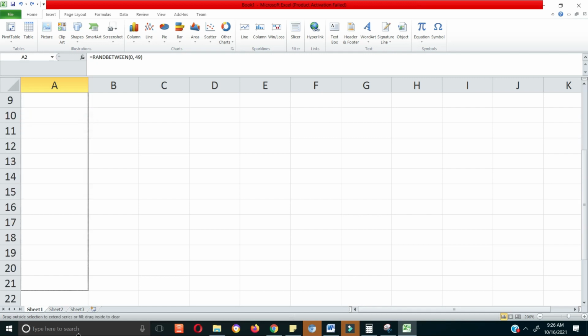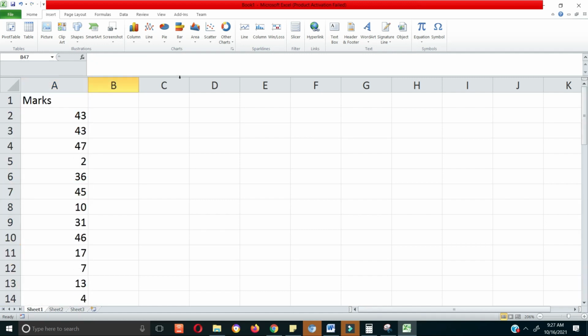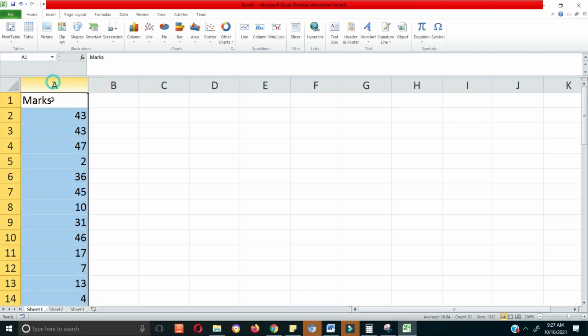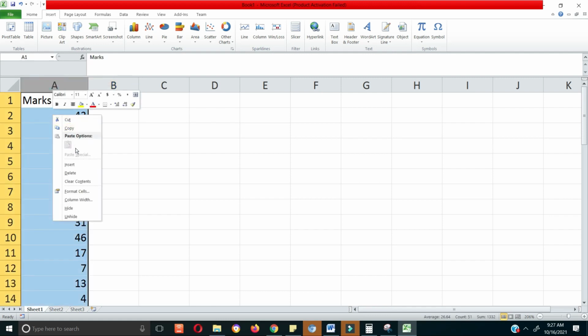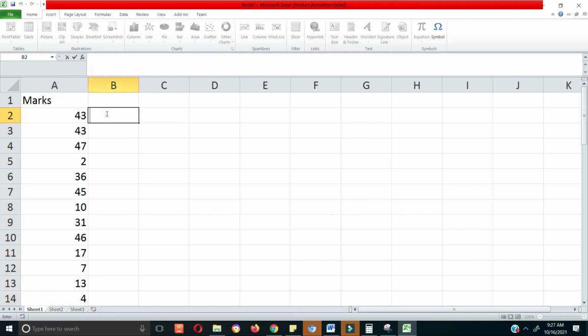So let's just generate 50 of these values. Let me fix this so they don't change all the time. So I do a value paste, so now they're fixed.